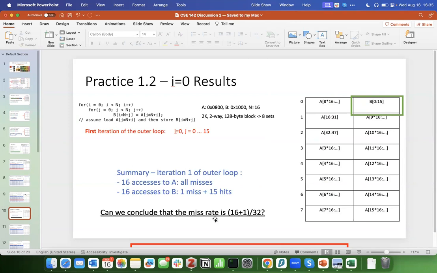By this point, the cache is full. So the second time when you execute the outer loop, when I becomes 1, you might have a different behavior. We have not reached a stable state for the cache behavior, right? We need to evaluate a few more iterations of the outer loop until things start to stabilize a little bit, right? At that point, we can truly determine the pattern.